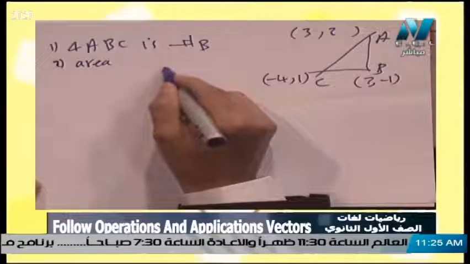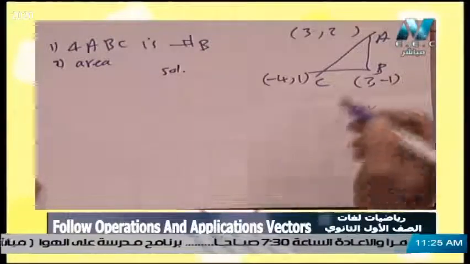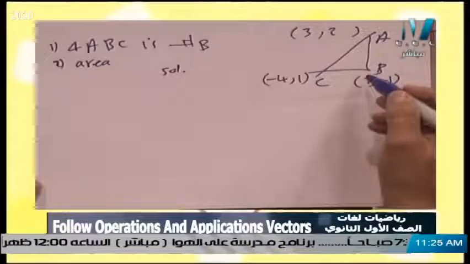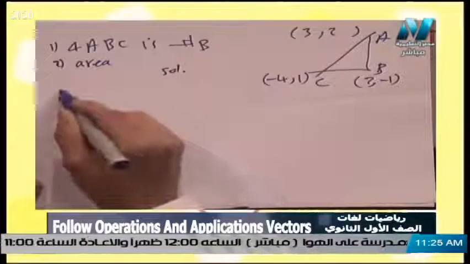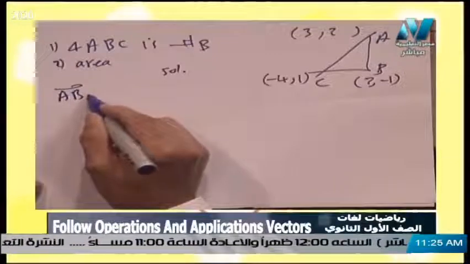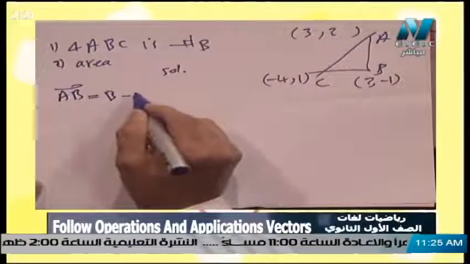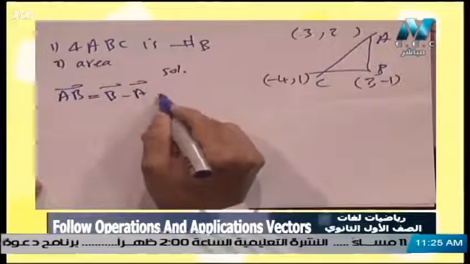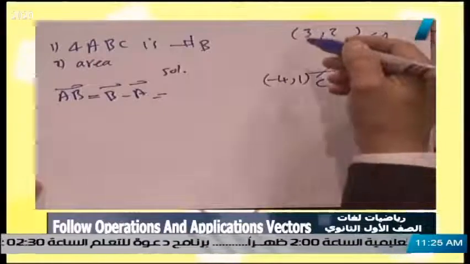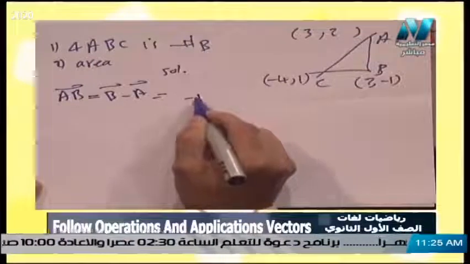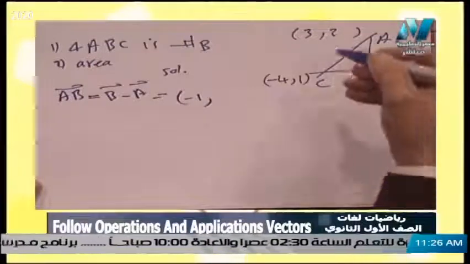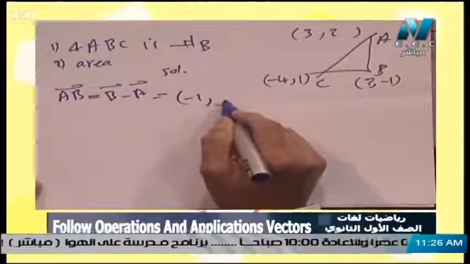It's easy for you to find the solution: we have to find the vectors AB and BC. The vector AB is B minus A: 2 minus 3 equals negative 1, negative 1 minus 2 equals negative 3.